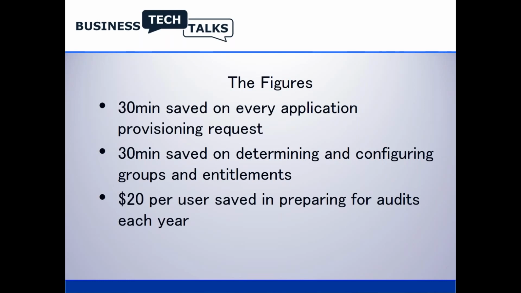So what if you put an identity management system in place? If you were to place a life cycle that's continuous and doesn't change for each request, you could save 30 minutes of time per request, because that provisioning request would be the same for that particular job function.